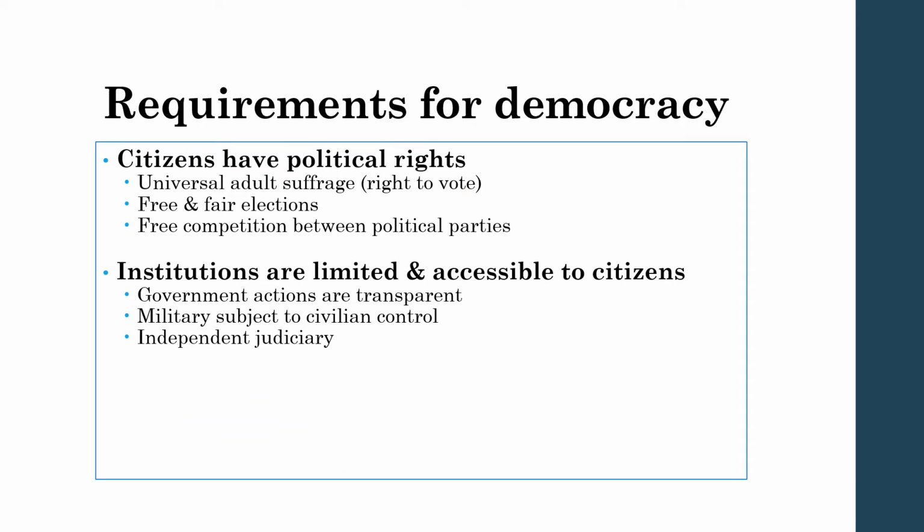So a second section of what we need to have to call something a democracy has to deal with how accessible is the government to citizens. So in other words, not only can you vote, but you have access to government and government officials if you need to talk to them or find out what they're doing.